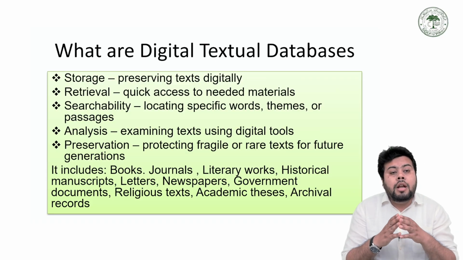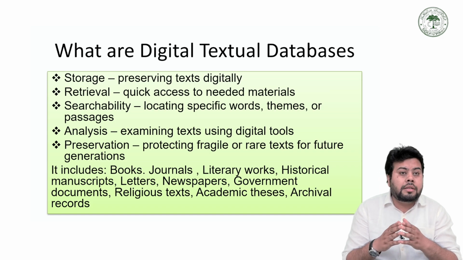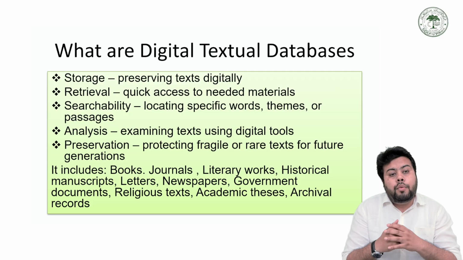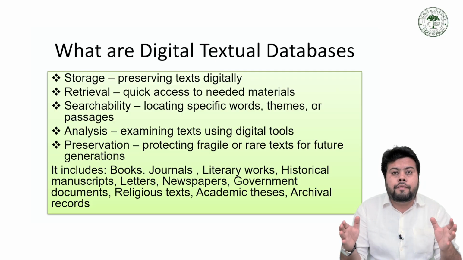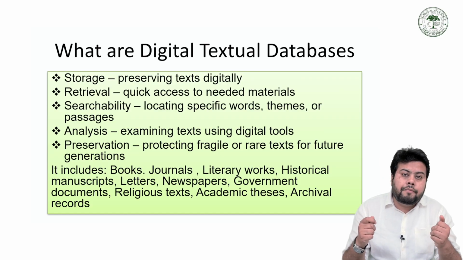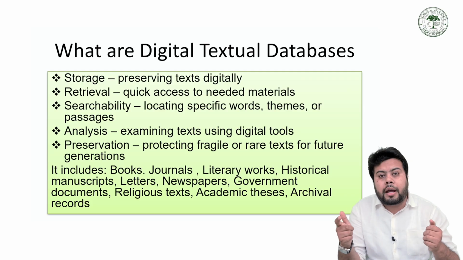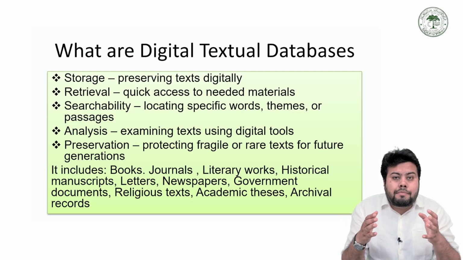Now the next convenience that we have is retrieval. A large amount of data can be retrieved in a spur of a moment, with a blink of an eye, right? So we have quick access to the needed material.